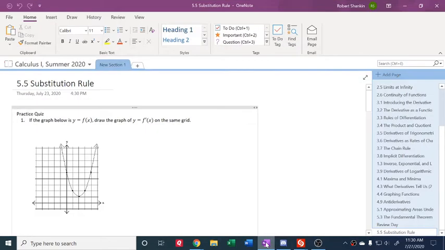Okay, recording has started, and let me take you to the practice quiz here. So the graph below is f of x.